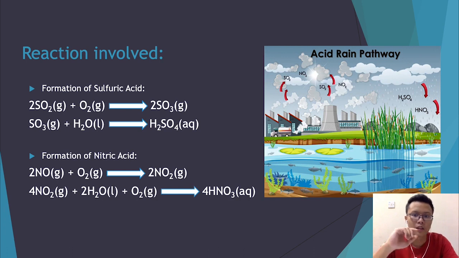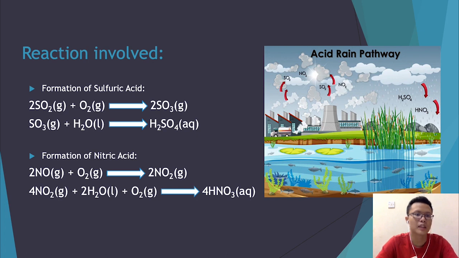This SO2 will react with the oxygen to produce SO3, which is sulfur trioxide. Then the sulfur trioxide will react further with the water in the air to produce H2SO4, which is sulfuric acid, in the aqueous state, which means it has already dissolved inside the rainwater.